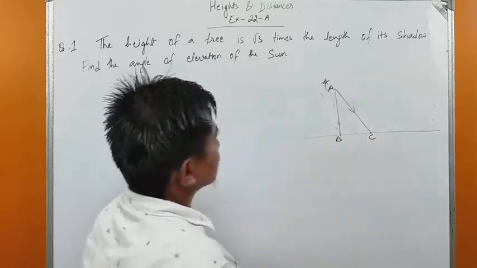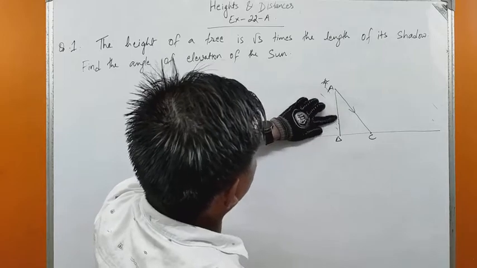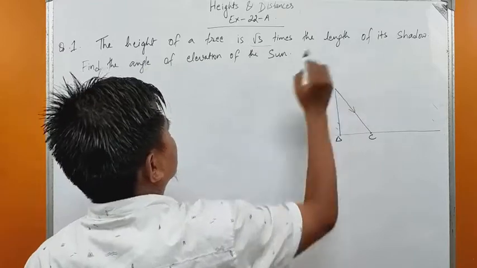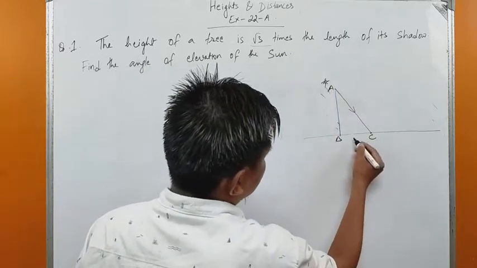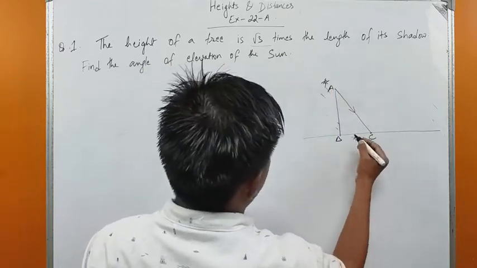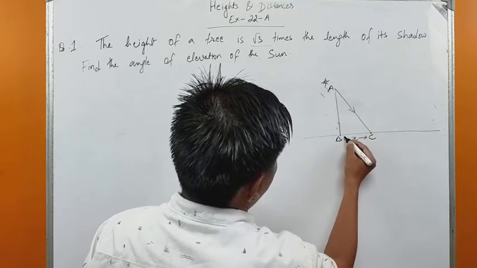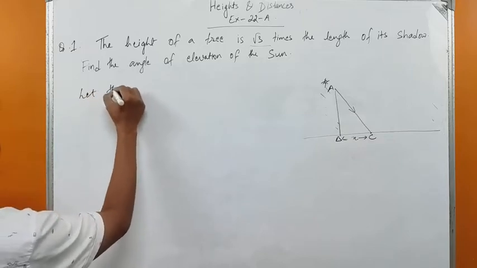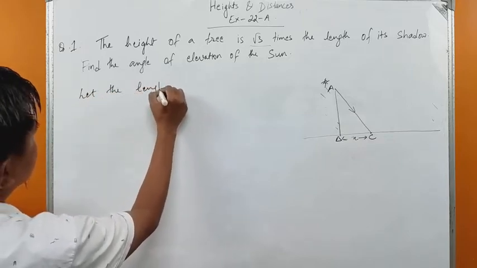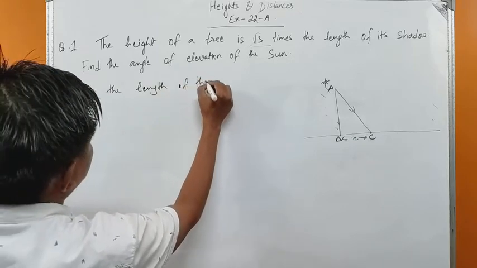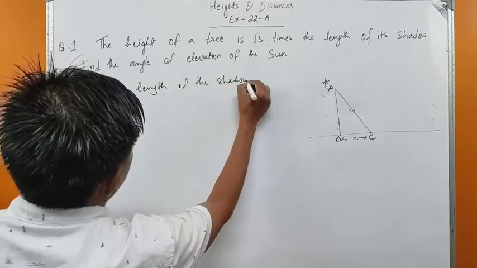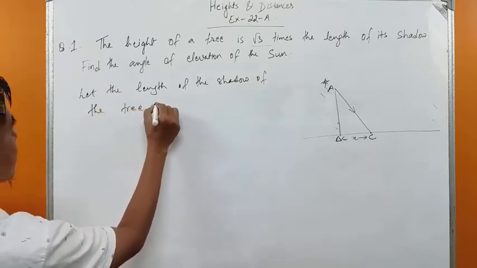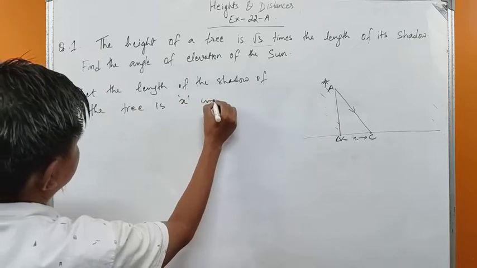So according to the condition given to us in the question, the height of a tree is √3 times the length of its shadow. So let the length of the shadow of the tree be x unit.